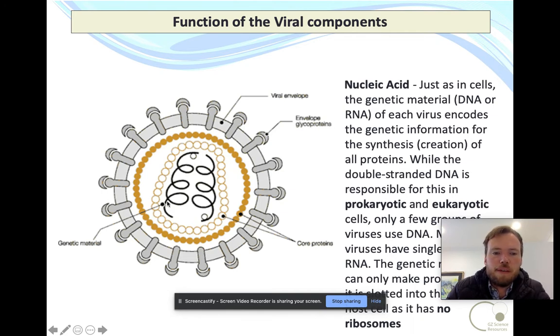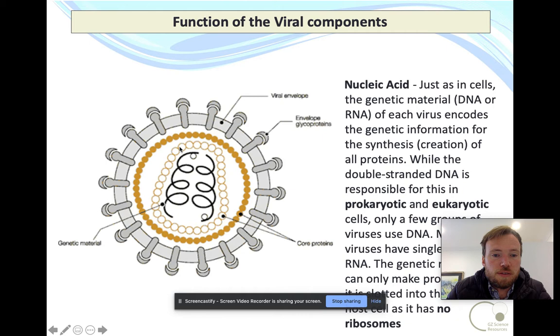It contains all of the instructions not only to replicate itself, but to make each of the parts of the virus. So it can basically hijack a cell and get it to start making itself rather than the normal cell processes.